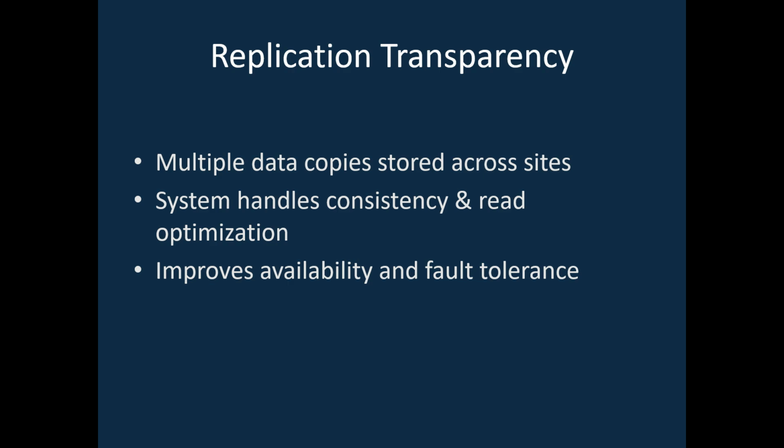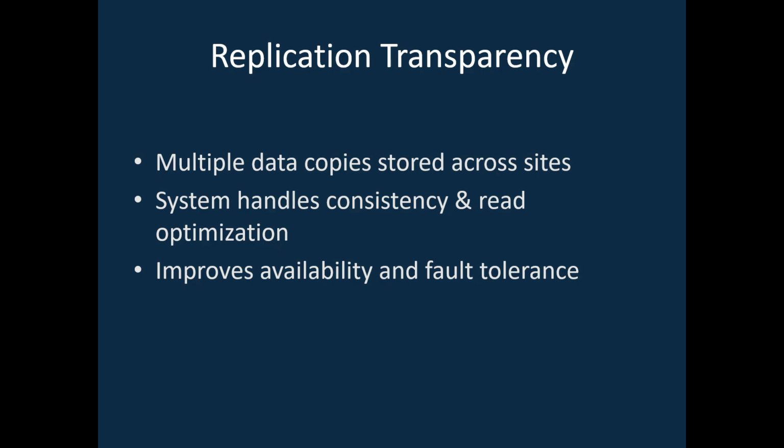What does replication transparency mean? Replication maintains multiple copies of the same data across sites for reliability and load balancing. So copies are stored in different sites. Replication transparency ensures that the user doesn't need to know how many copies exist or where they are stored.